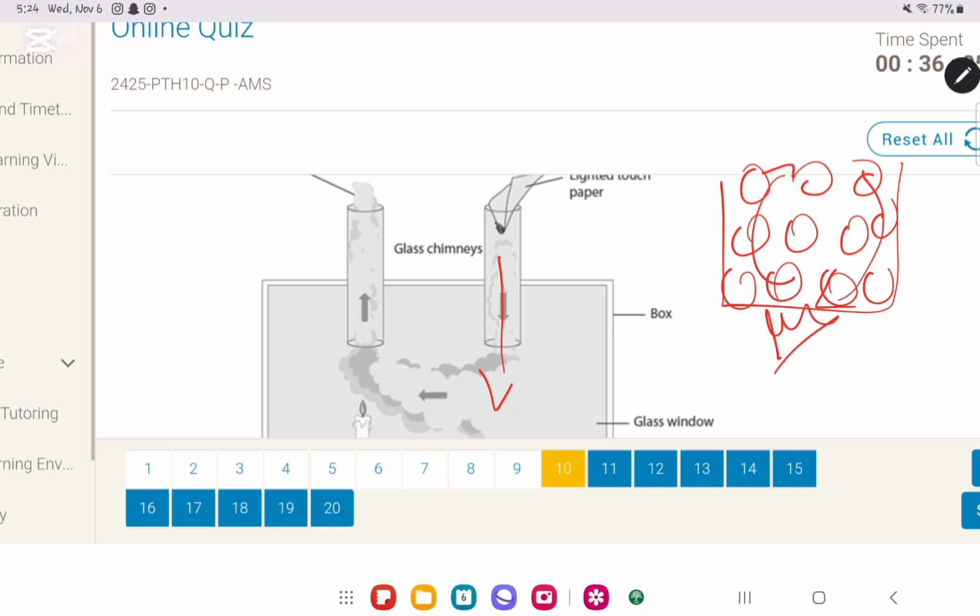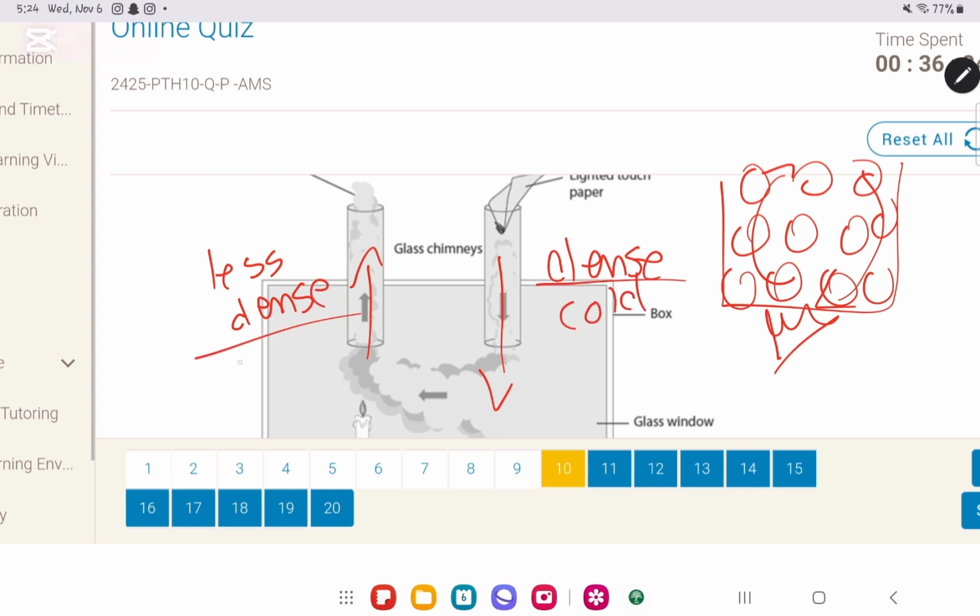So if this one is moving down, that means it is the more dense. So we can say they are the dense particles, whereas the one that is going up, we can call less dense. Remember, dense we can say cold, less dense we can say hot.